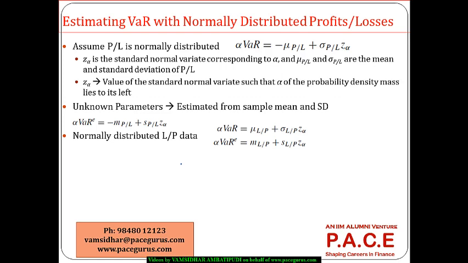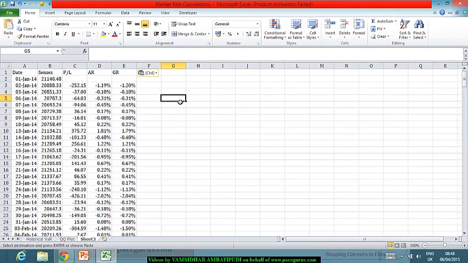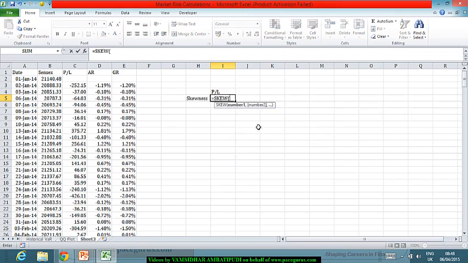I want to go ahead with the estimation of the VaR with the normally distributed profits or losses. Now, are the profits and losses normally distributed? I can use the QQ plot, but otherwise, quickly, it is better to check the skewness of the profit or loss, and I can also look at the excess kurtosis, which clearly tells us to a large extent it might be normal.